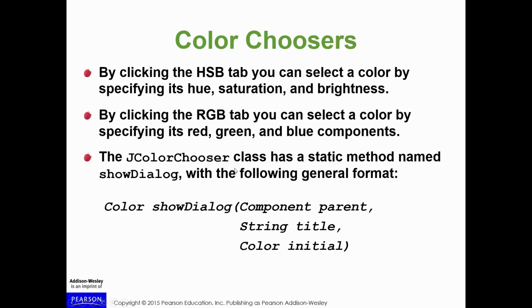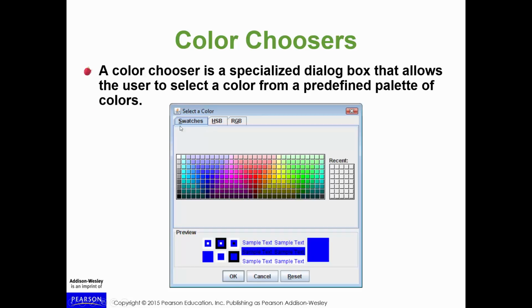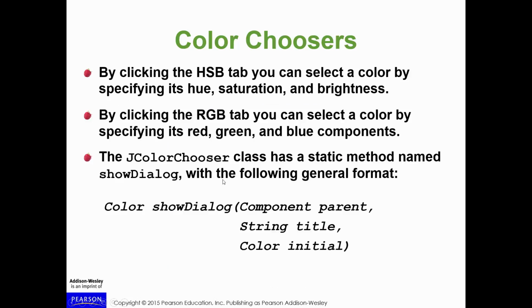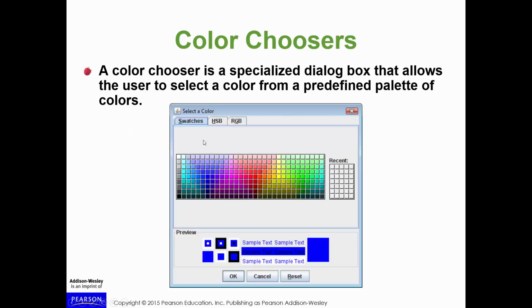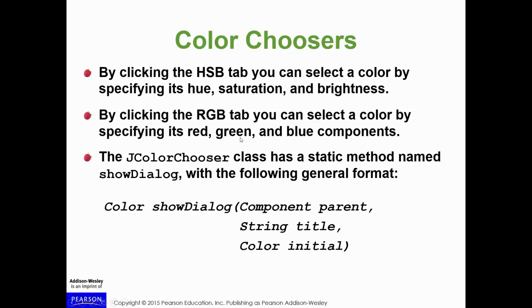As mentioned here, by clicking the HSB tab, that's right there, RGB and HSB. RGB is red, green, blue. HSB, I'm not sure if the B is blue, but the H and S are hue and saturation. Swatches will show something like this. Oh, that's it. Hue, saturation, and brightness. And that's red, green, blue. That makes sense.